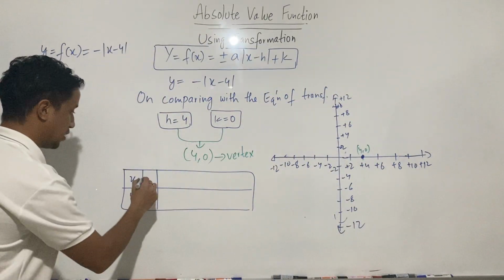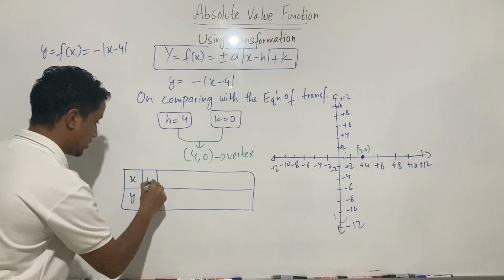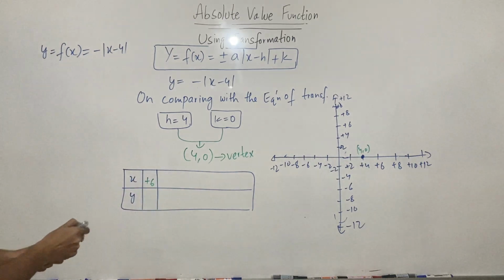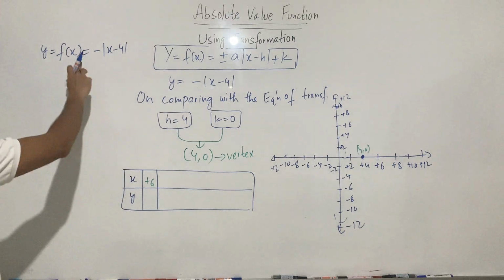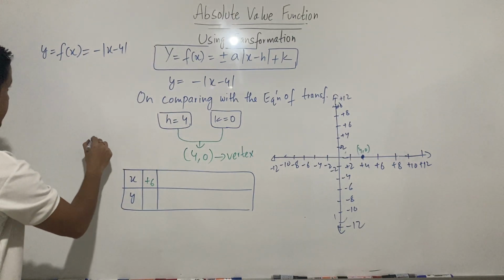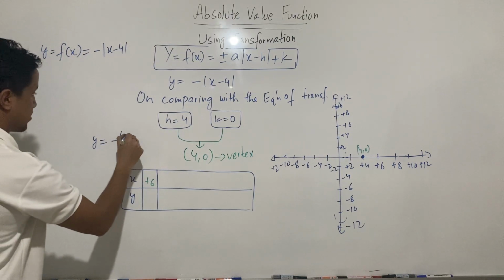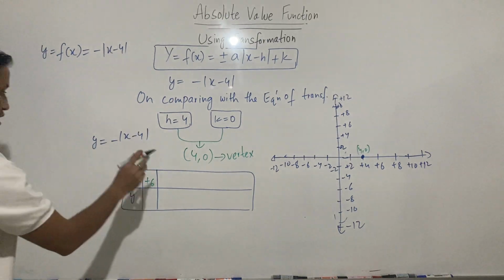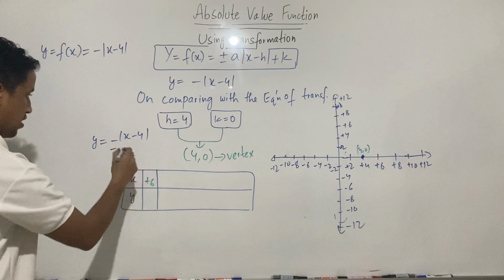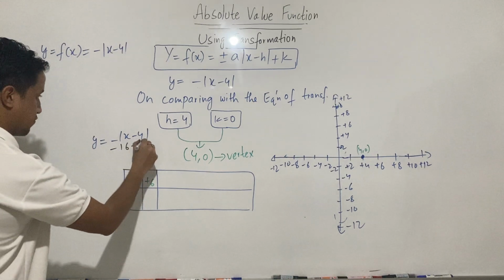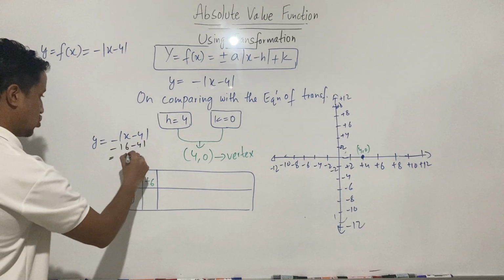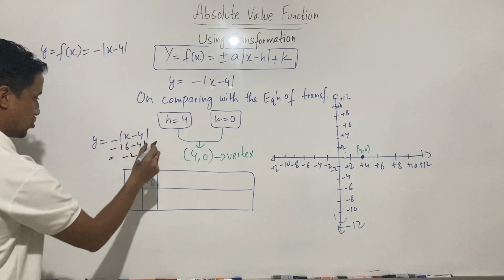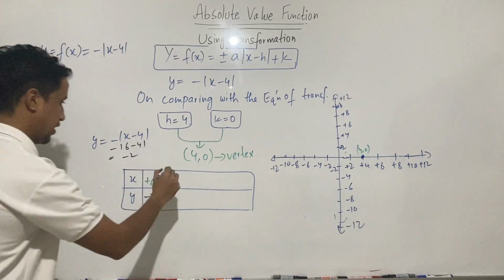If I take 6, what would happen? This is y equals negative |x minus 4|. If it is 6, 6 minus 4 is 2, so y is -2.